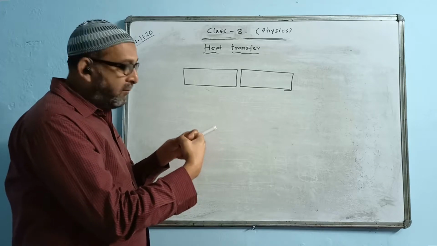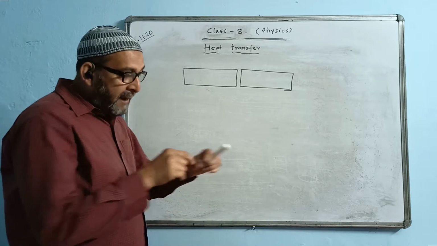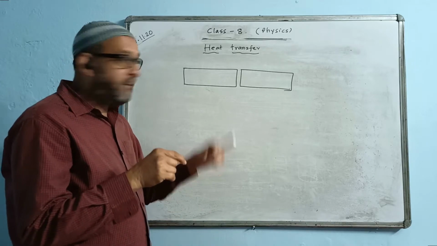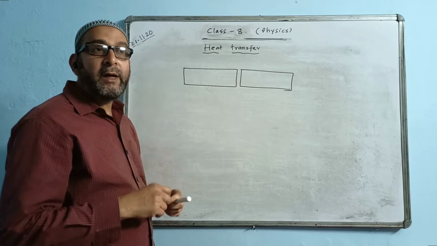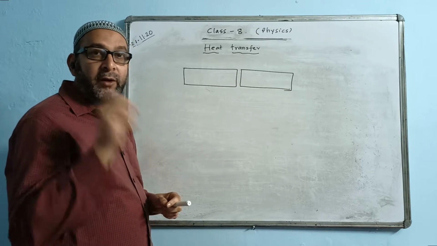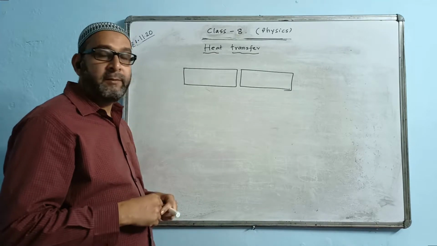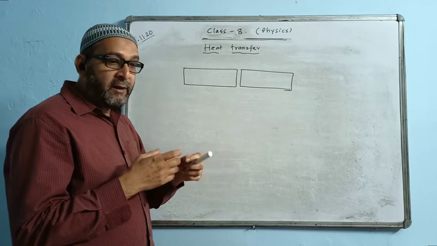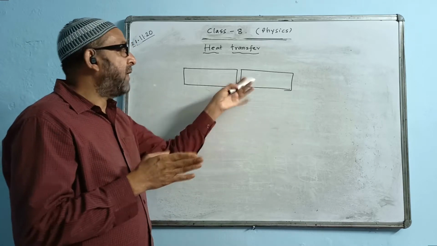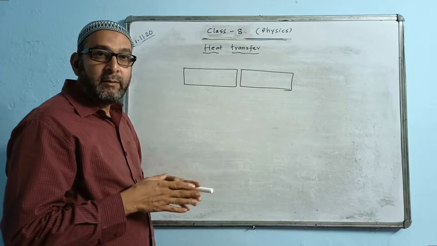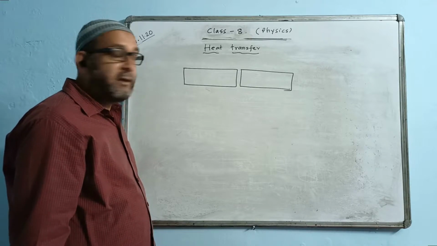We always leave a gap between them, because this space left between the rails will allow and adjust the linear expansion. If the gap is not left, then one will be hitting the other, the track will become crooked, uneven, and there is a chance of accident in that case.